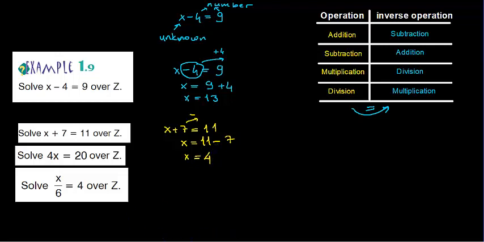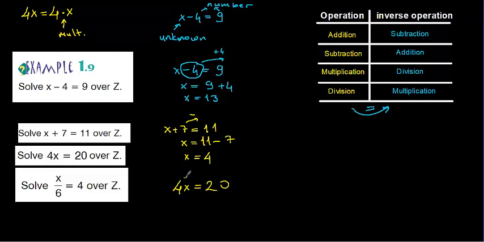Okay, the next equation is 4 times x is equal to 20, and here we need to clearly define something. 4x means 4 times x. So the operation between them is multiplication. We should define that clearly.